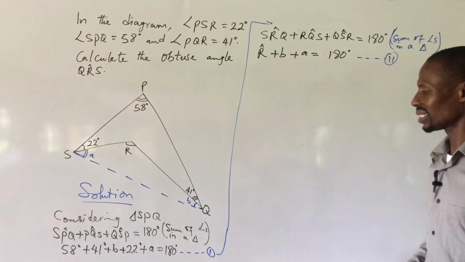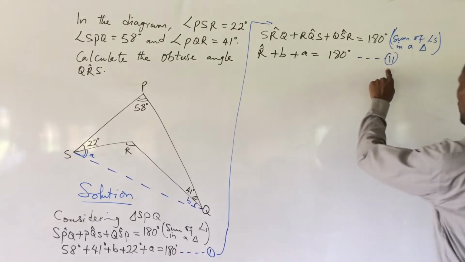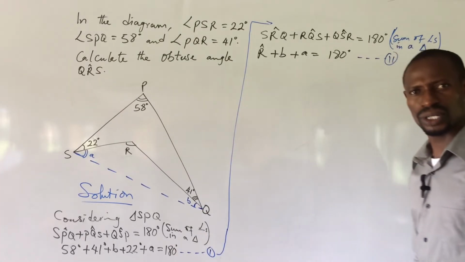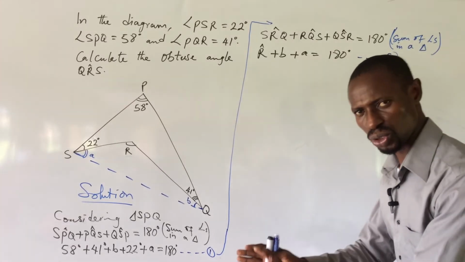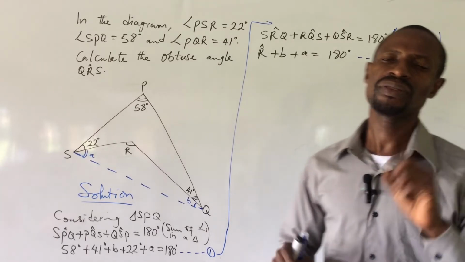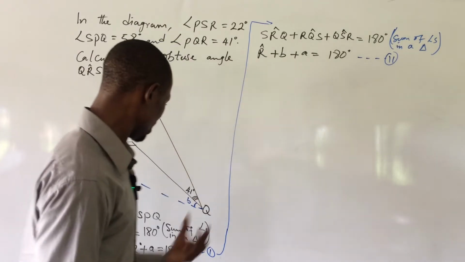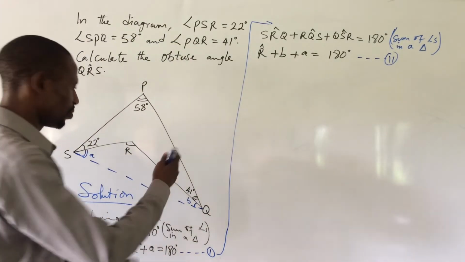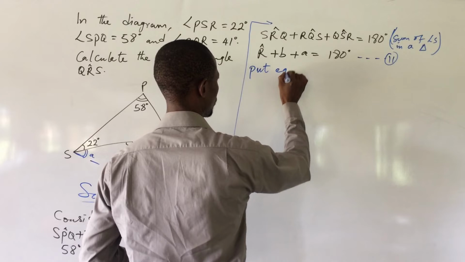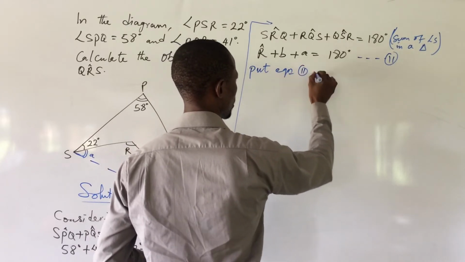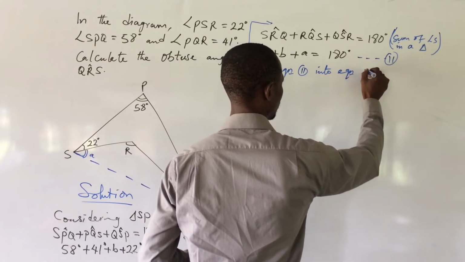Now take a look at equation 1 and equation 2. Here we are having 180. Here we are having 180 also. So we can put equation 2 into equation 1 or put equation 1 into equation 2. What does that mean? Whenever we see 180 degrees, we can replace it with the whole of this in equation 1. So let's put equation 2 into equation 1.